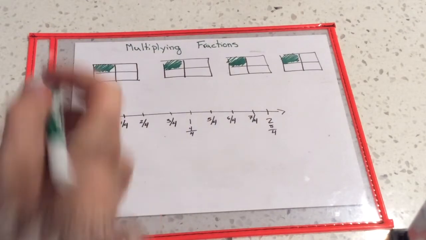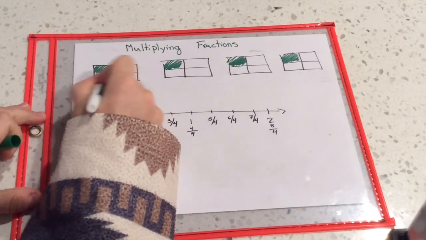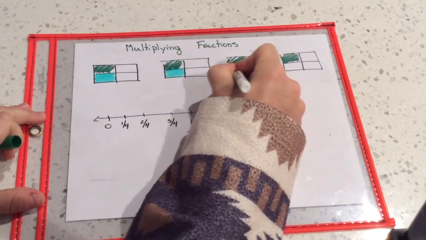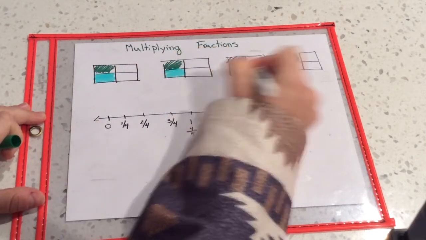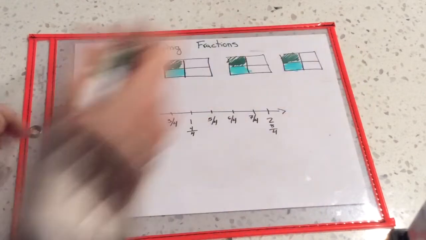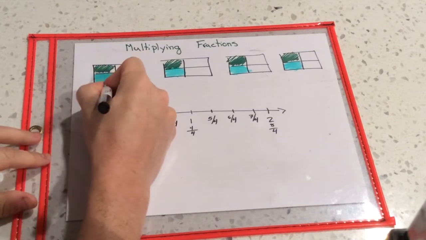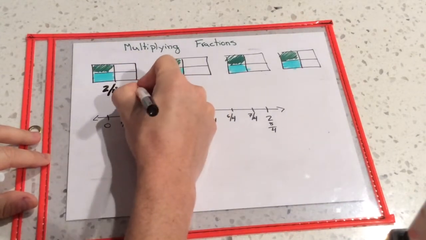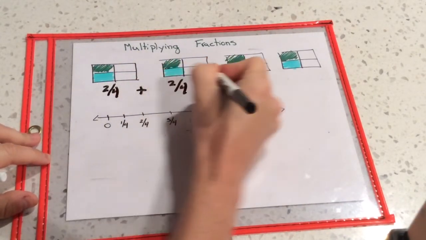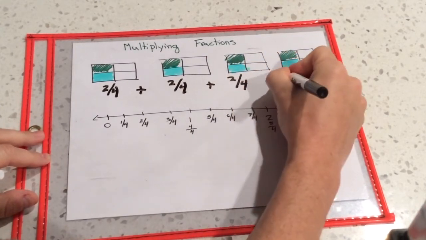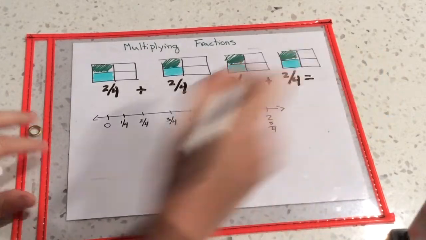Let's pretend instead of having 1/4 shaded in each time, we'll do 2/4. So my repeated addition equation would be 2/4 plus 2/4 plus 2/4 plus 2/4.